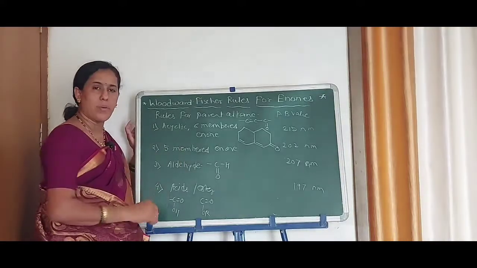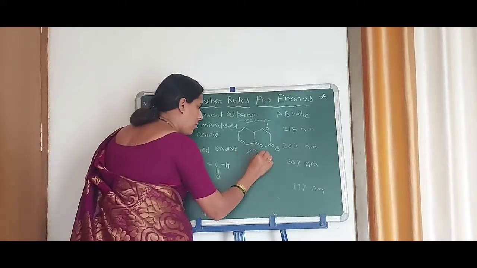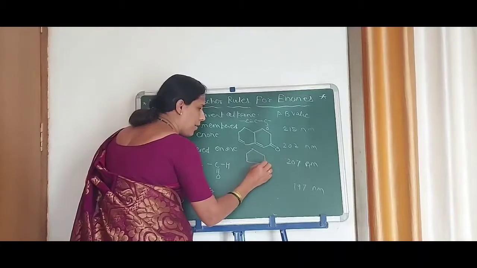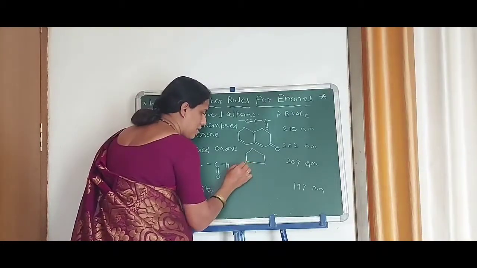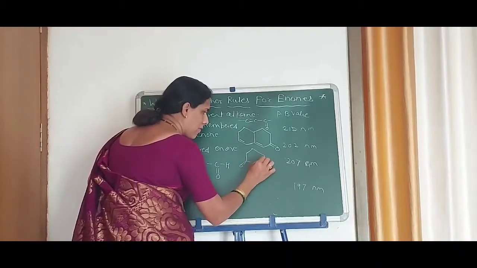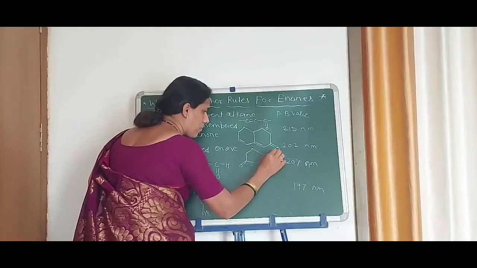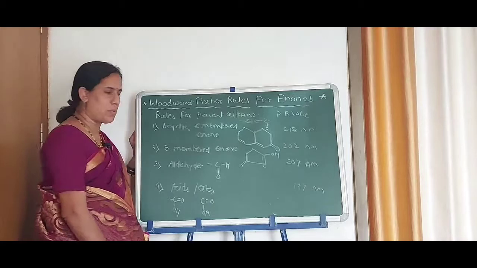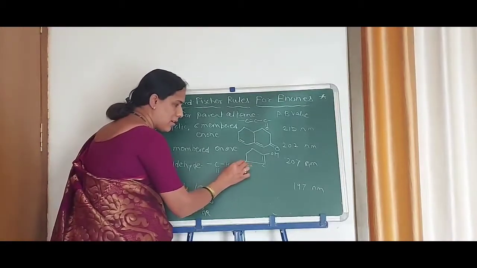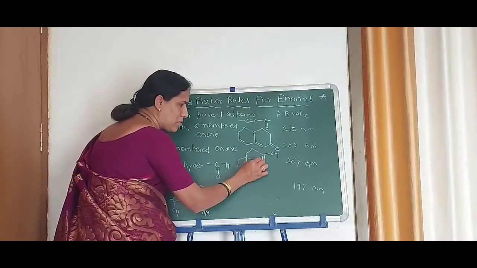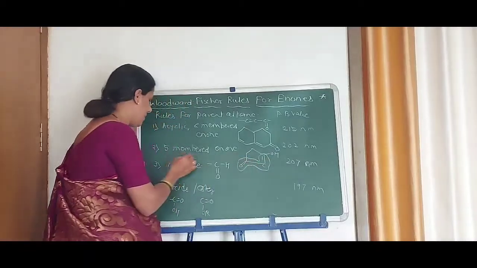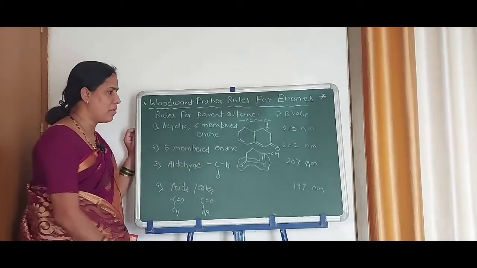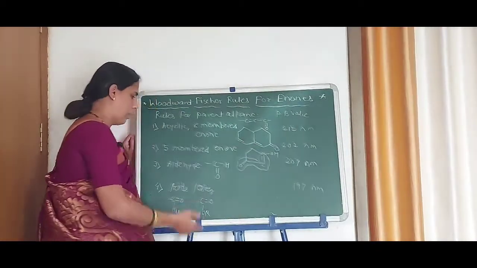Now consider the five-membered enone. Suppose this is a five-membered ring. This is the keto group which is in conjugation with C=C. When this linkage is present, you have the value 202.